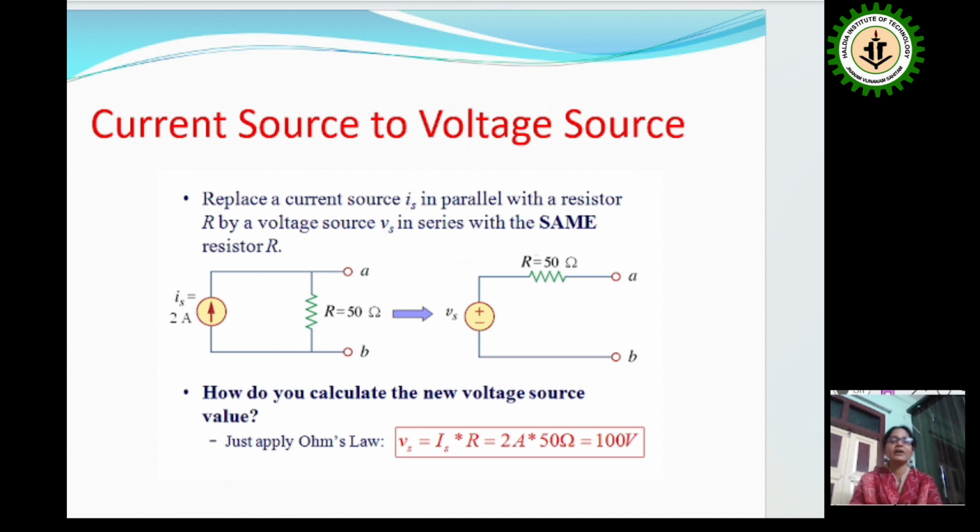Then how can we convert that practical current source to the practical voltage source? By applying Ohm's law, Vs will be equal to Is into R. 2 ampere multiplied by 50 ohm, that means Vs will be equal to 100 volt. Then Vs and that particular R are connected in series. Now this practical current source is converted into its equivalent practical voltage source.